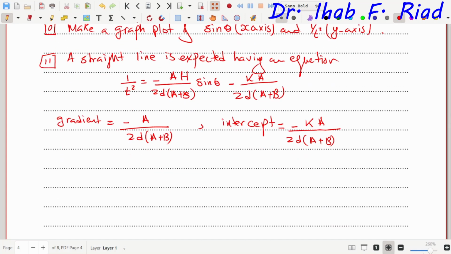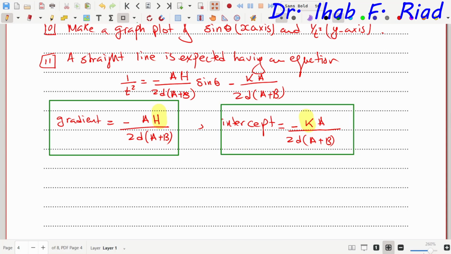Okay, he is asking us how to calculate h and k. So we can use this equation to calculate h, and we can use this equation to calculate k.